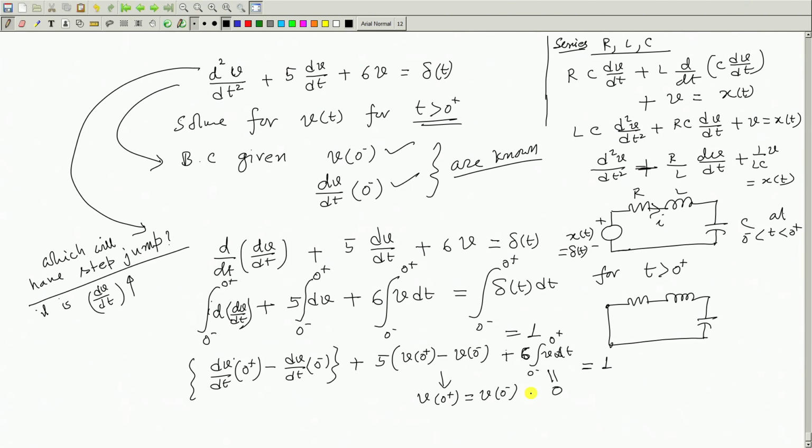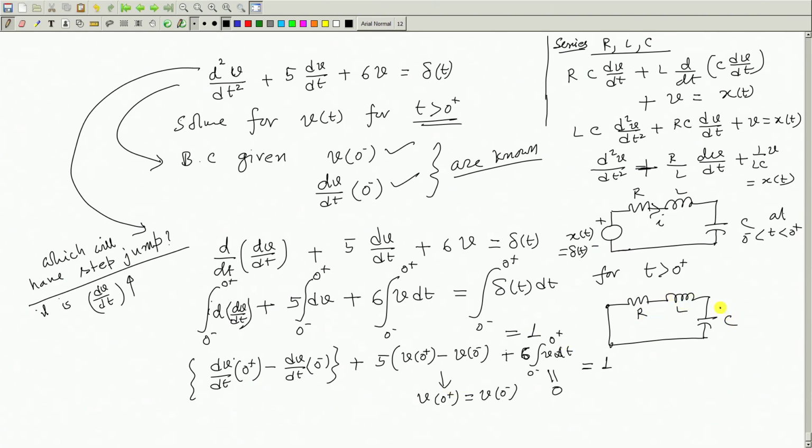However, dV/dt at 0 plus will have a step jump from one value to the other. Got the point? Therefore, for t equal to 0 plus, it is a second order RLC system.